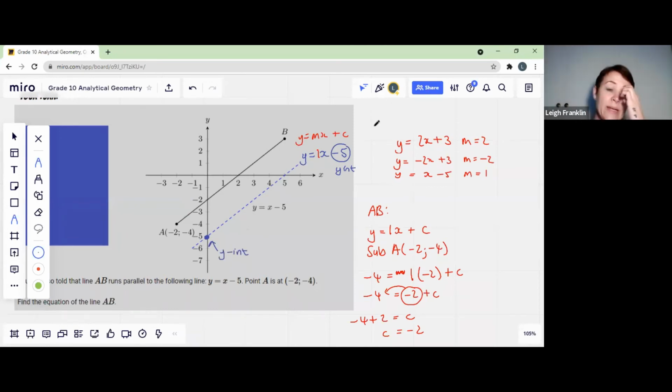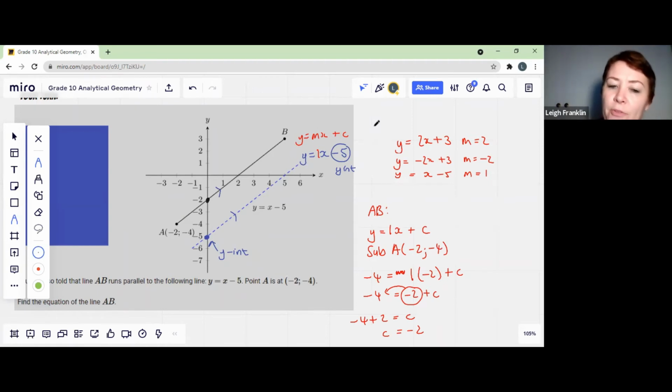So now, when a line is parallel to another one, so these two lines are parallel to one another, is the y-intercept the same? So does the black line have the same y-intercept as the blue line, Maya? No, ma'am. No, it doesn't, exactly. So it has got a different y-intercept. So the first thing that we do is we say, okay, the lines are parallel. That means their gradients are the same.